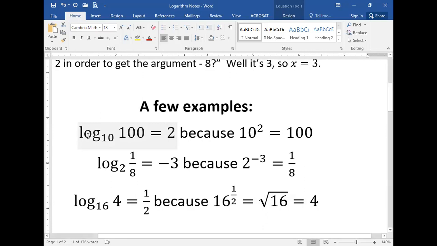So the reason log base 10 of 100 equals 2 is because the log is the exponent. Specifically, what exponent do I need on a 10 so that I create a 100? And the answer is 2. So log base 10 of 100 equals 2 because 10 to the second power is 100.